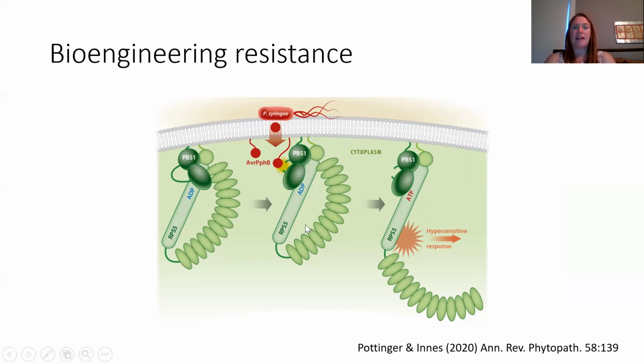And so this is, I think, a really interesting way of adapting a specific form of resistance to almost any system, as long as you know enough about your pathogen to know what kind of protease it is carrying. You can definitely use this to your advantage.